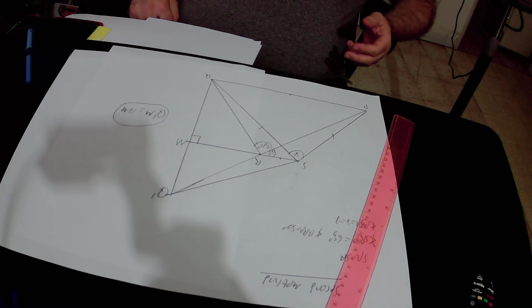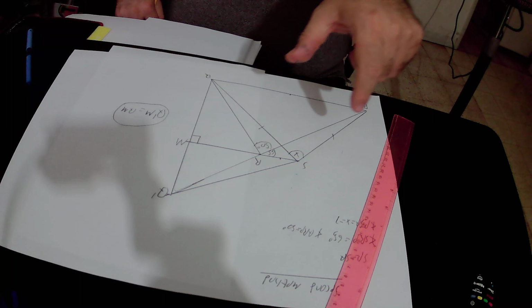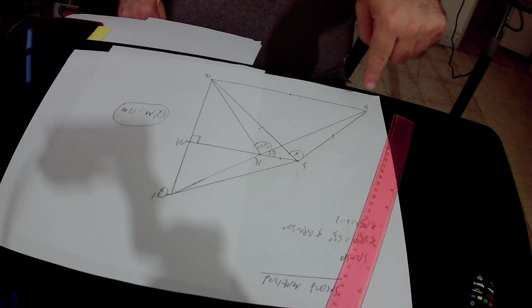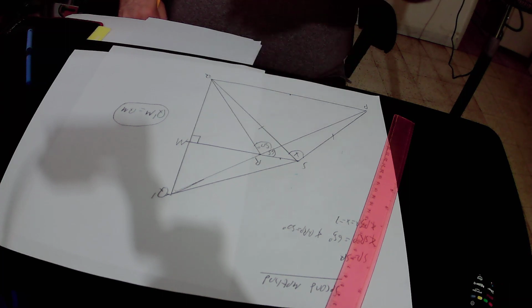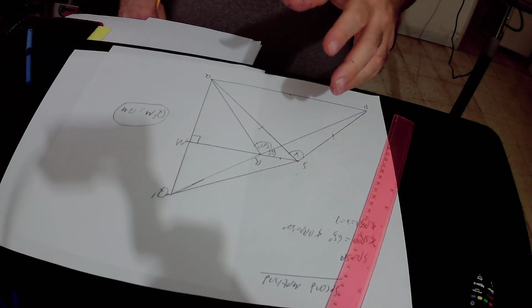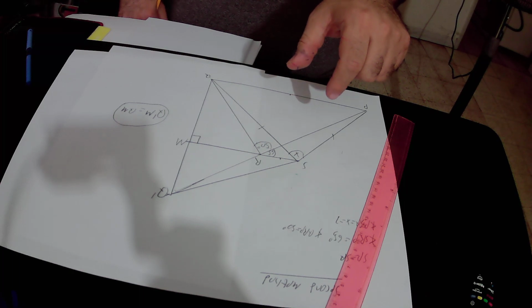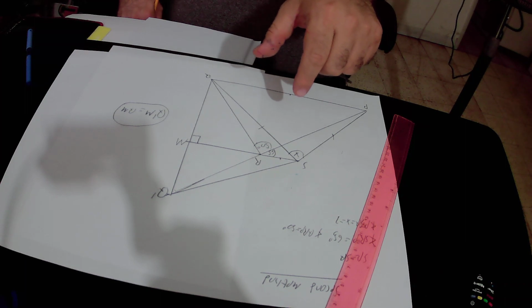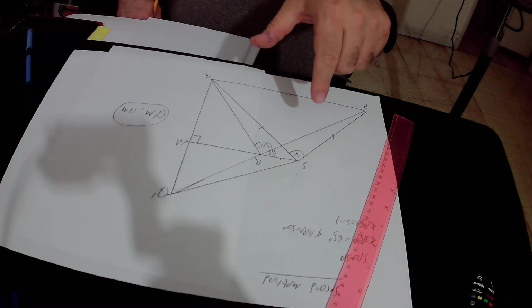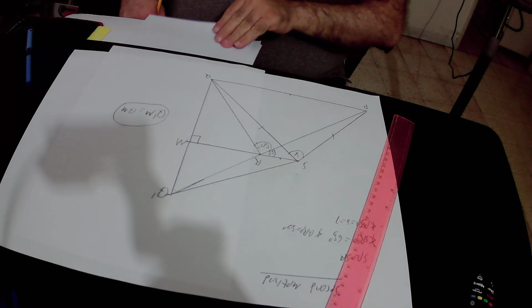As I've already told you, SR is one side of quadrilateral SRPQ. After we extended the straight line SR by a straight line, it remains a straight line. So SM is a straight line.